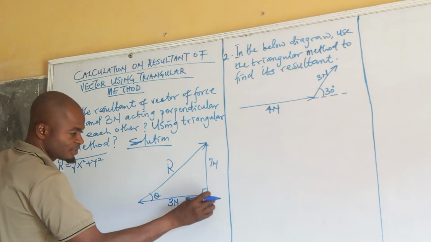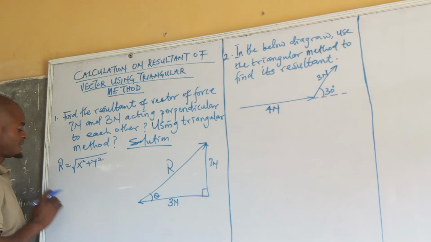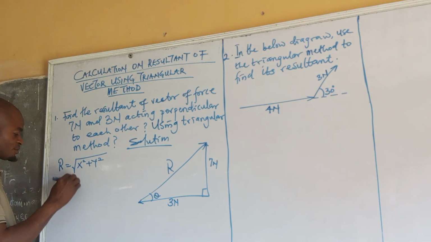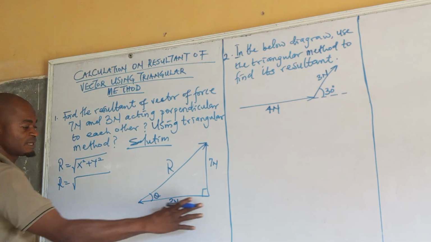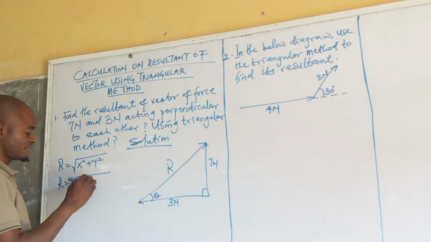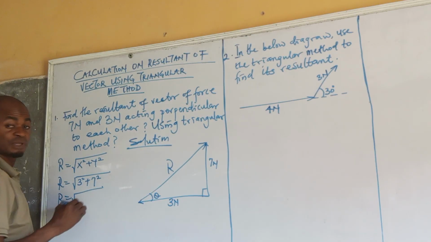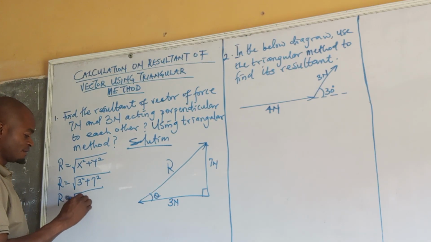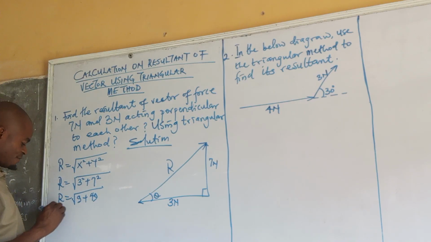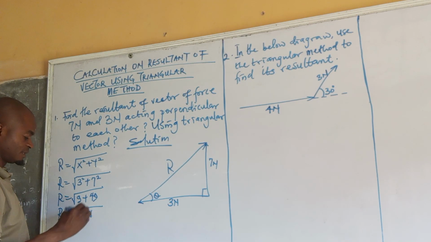This horizontal represents x, while this vertical represents y. So R equals the square root of 3 squared plus 7 squared, that is 9 plus 49. Adding it together, we have 58.